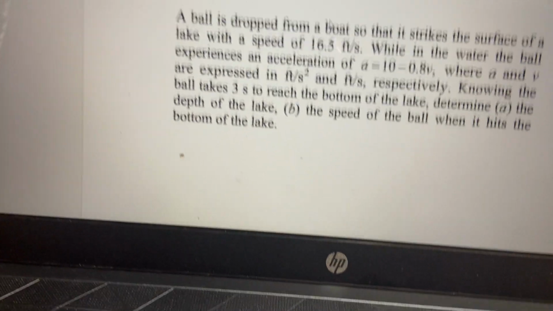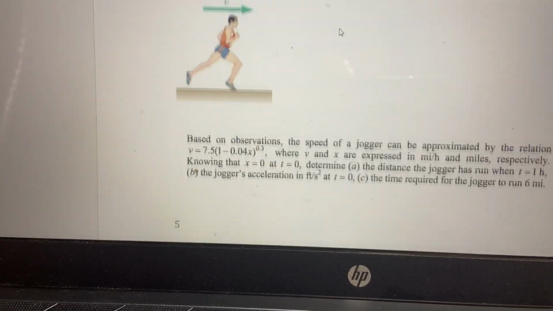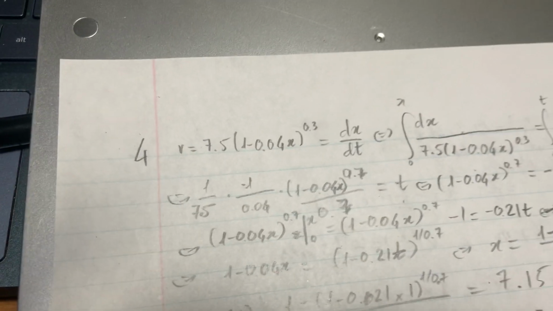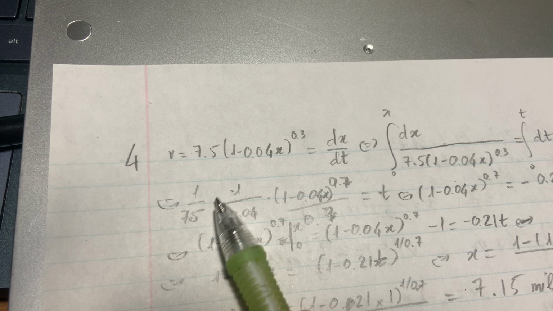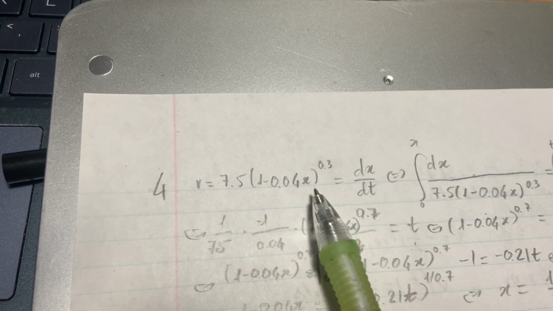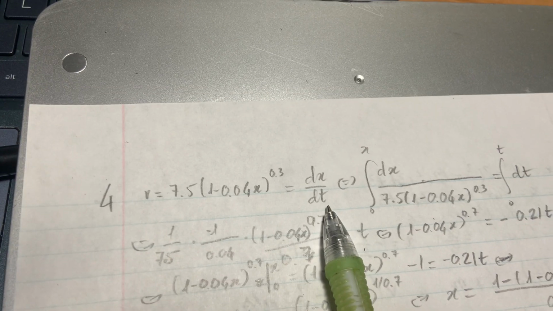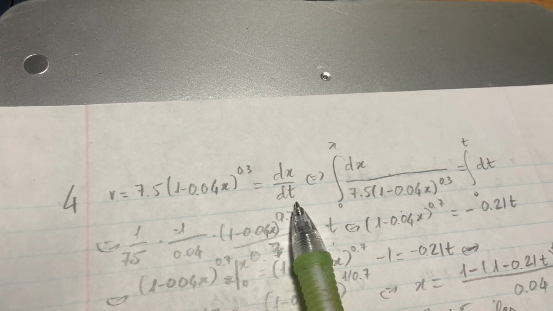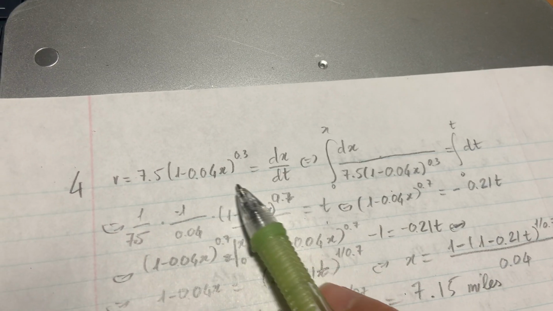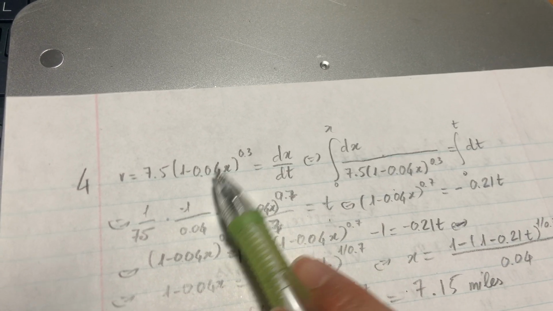For the next one, doing the same thing, we're going to have v equals this one. v means ds over dt, the first derivative of s, and then doing the same thing, just divide this one over here, the dt over there.